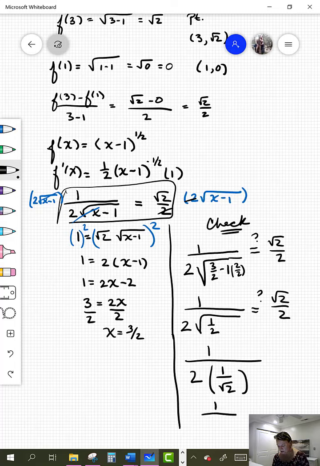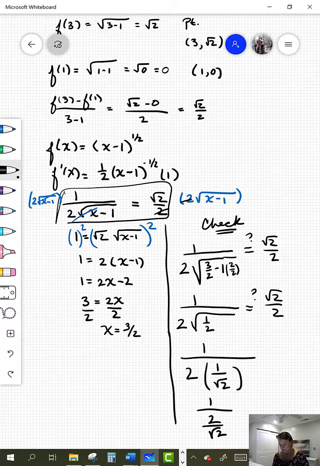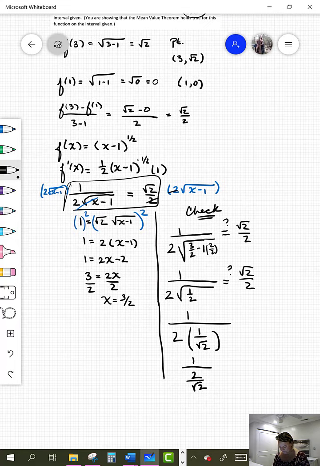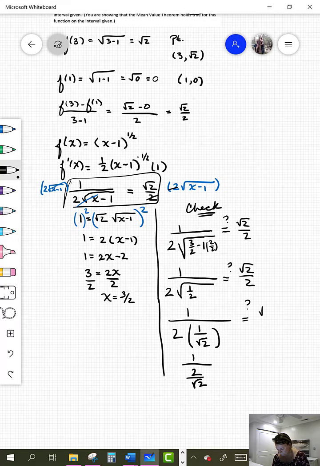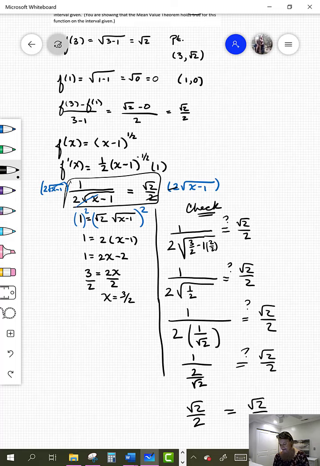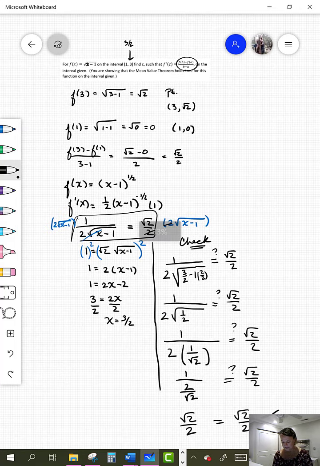So this is equal to 1 all over 2 root 2, which if we invert multiply, we got root 2 all over 2. Is that equal to root 2 over 2? Yes. Okay, so we found the value of c, which makes this a true statement. And so c is going to equal 3/2.